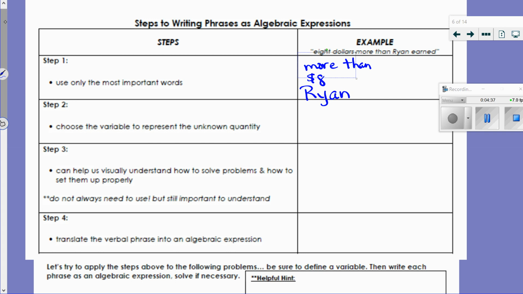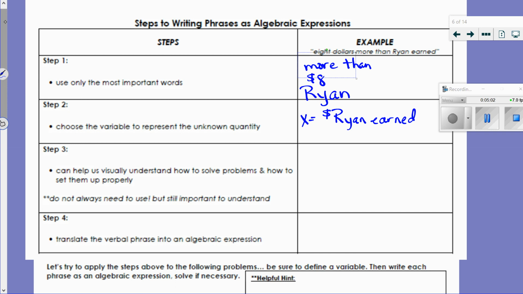So what variable do you want to use for that? X. So I say X equals the dollars that Ryan earned. Remember to be as specific as possible, because the more specific you are, the better it will be when you get to the end and need to get your answer, because you're going to understand exactly what you're talking about. So X is the dollars that Ryan earned.